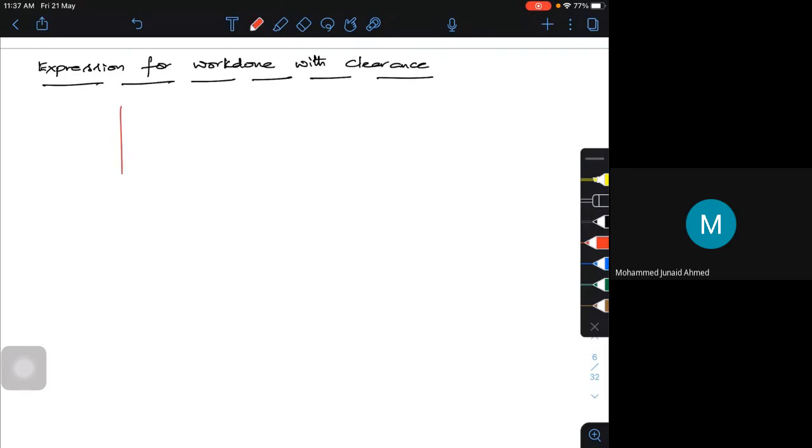So this is my pressure, this is my volume. I have the pressure which goes in the y direction and V in the x direction. So here what will happen? See, it is sucked at the inlet pressure. It has to be at some pressure. So it goes like this.